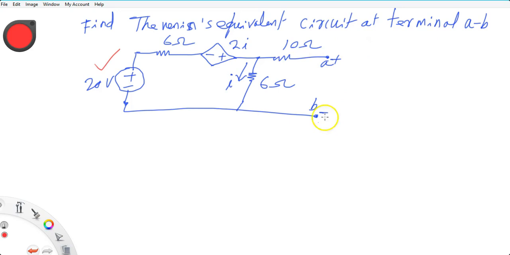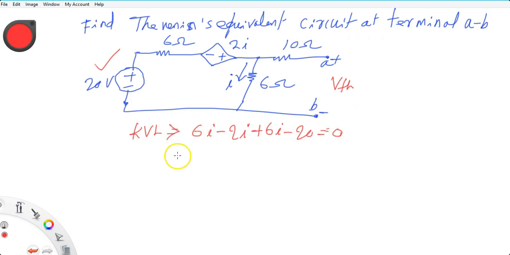First of all, we will find the Thevenin voltage VTH using KVL: 6I minus 2I plus 6I minus 20 equals 0, which implies 10I equals 20, which implies I equals 20 upon 10, that is 2 ampere.